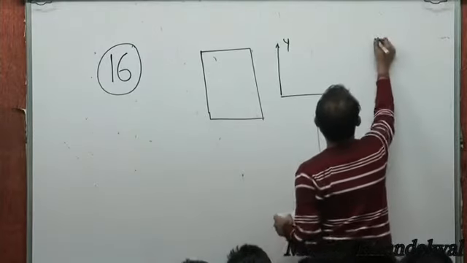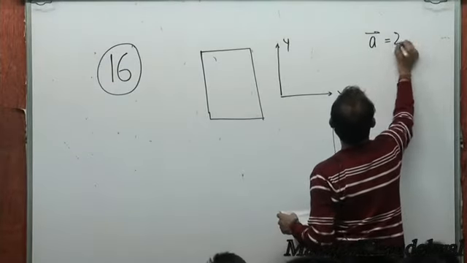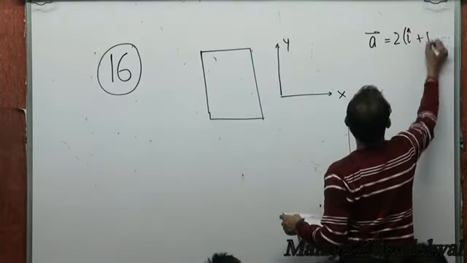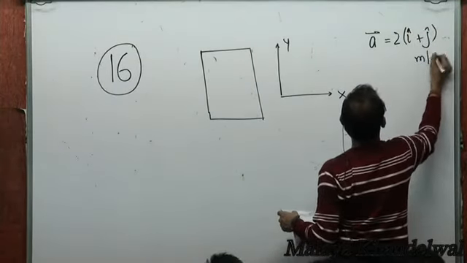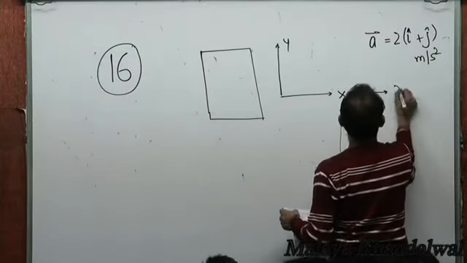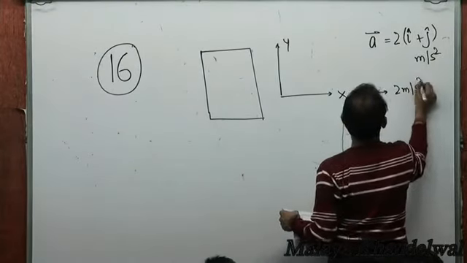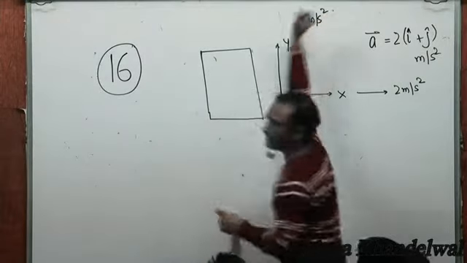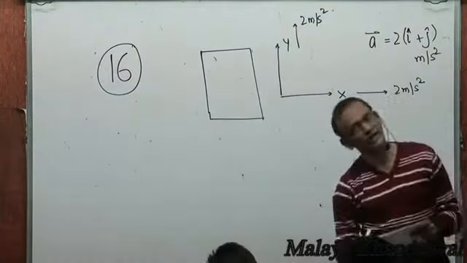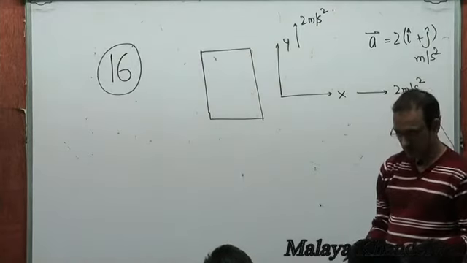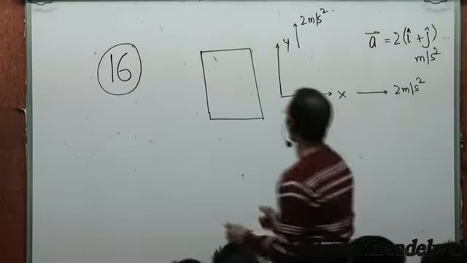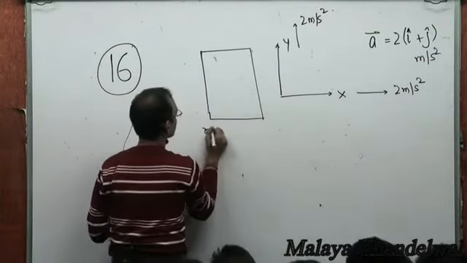The elevator has an acceleration 2i plus 2j meters per second squared. 2 meters per second squared in the horizontal direction, 2 meters per second squared in the vertical direction, right? That's the acceleration of the elevator along the x and the y axis. And the elevator starts from rest.